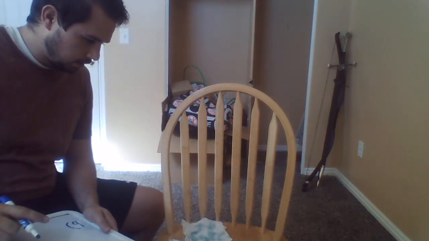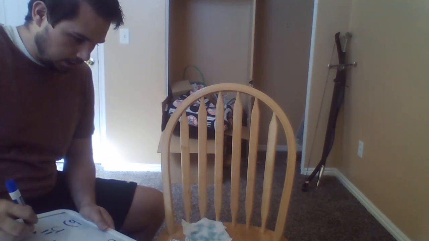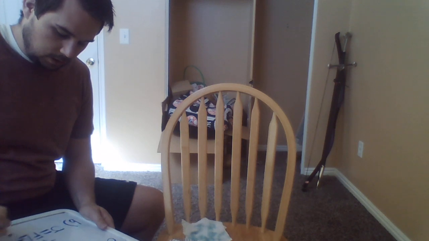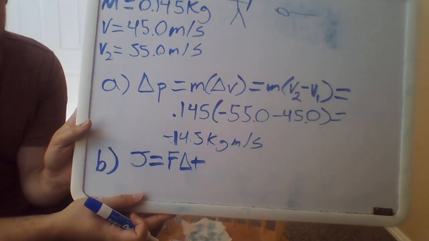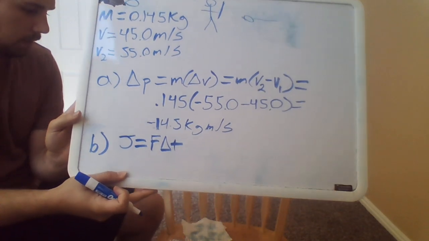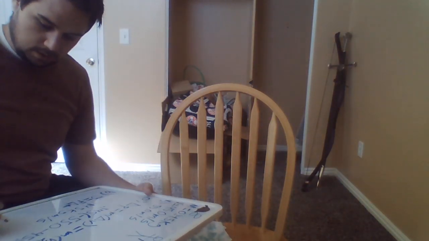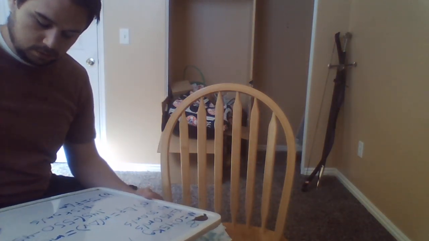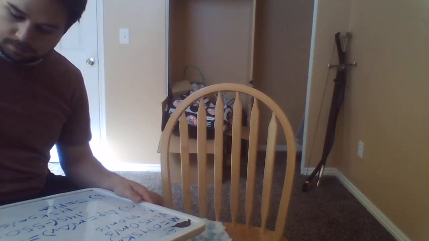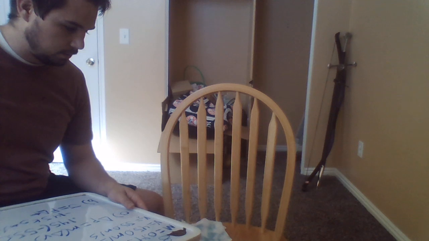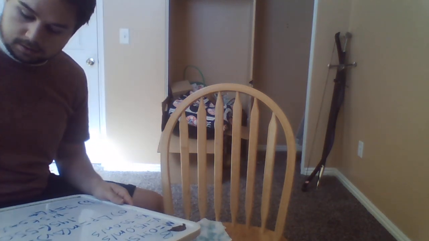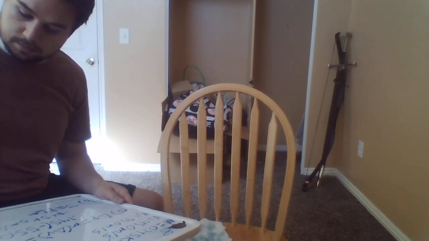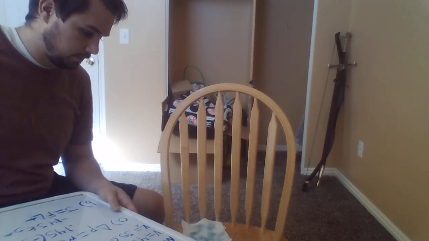So for part B, we're going to use the equation J equals F delta T. Delta T is our time in contact with the ball, and we're going to convert it to seconds instead of milliseconds, so delta T is 0.002 seconds.